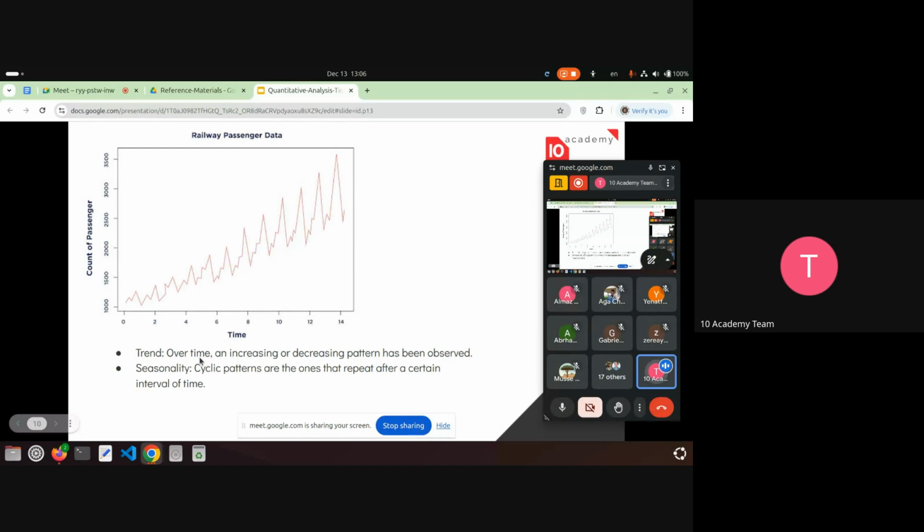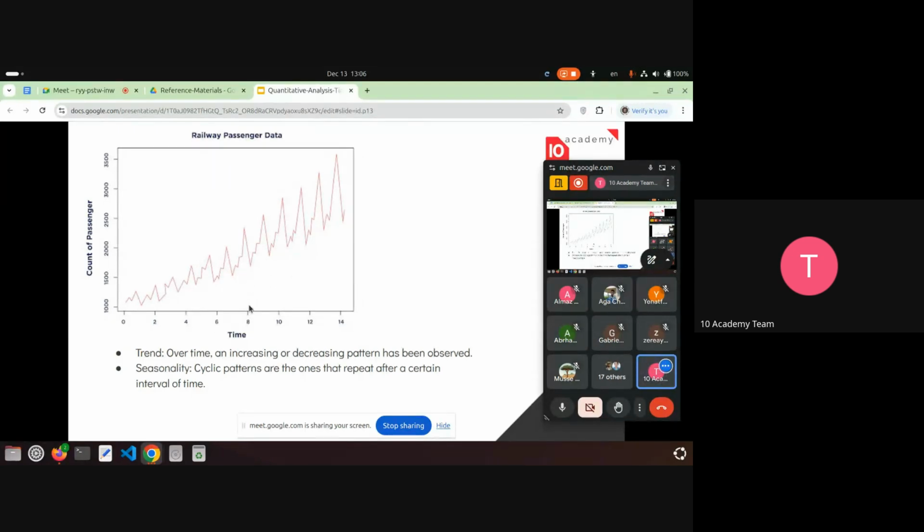The trend is over time. When you look at this data, this value is increasing over time. This is a trend, over the whole time. Seasonality is a cyclical pattern, something that repeats over a certain interval of time. Here maybe we notice that every hour there is some kind of pattern that repeats.